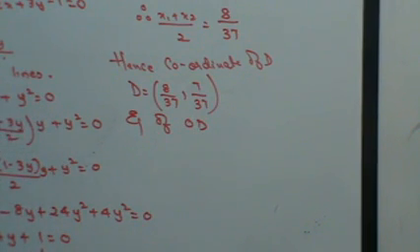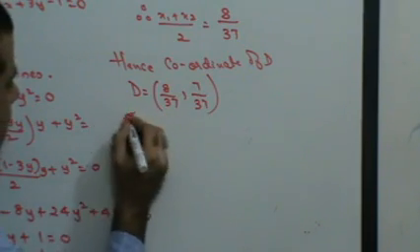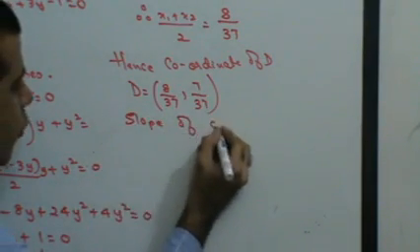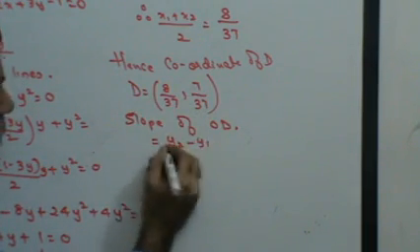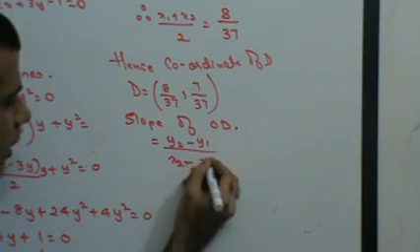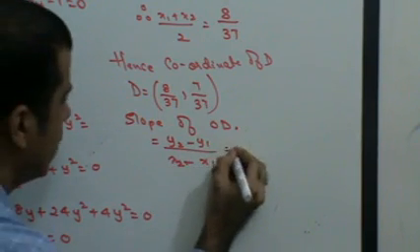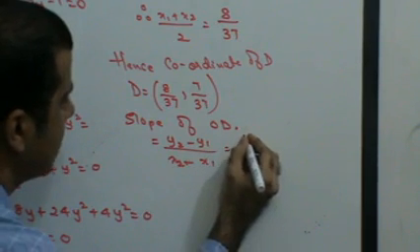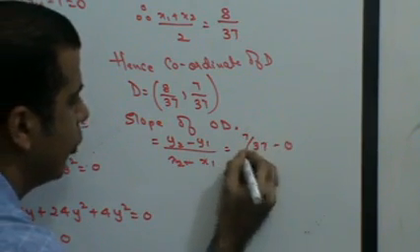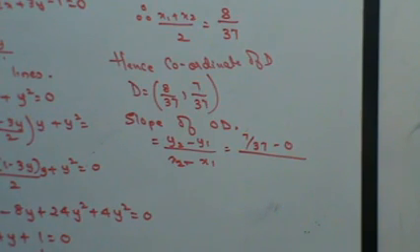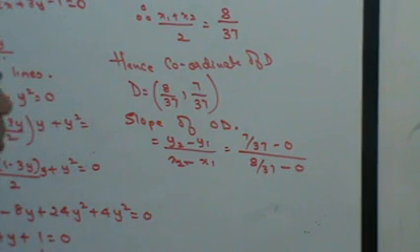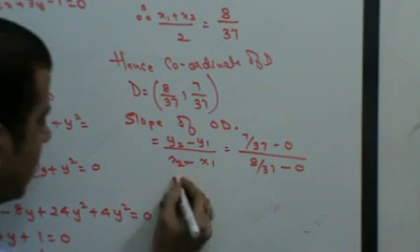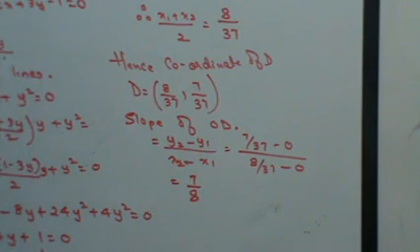So first of all, I need to find the slope of OD. Slope is given by the difference of y coordinates upon the difference of x coordinates. So this is 7 upon 37 minus 0, coordinates of origin being 0, 0, over 8 upon 37 minus 0. This is 7 upon 37 divided by 8 upon 37, which is nothing but 7 upon 8.